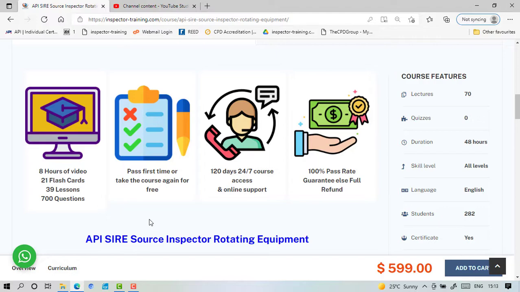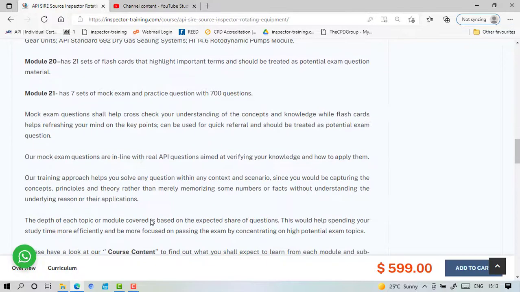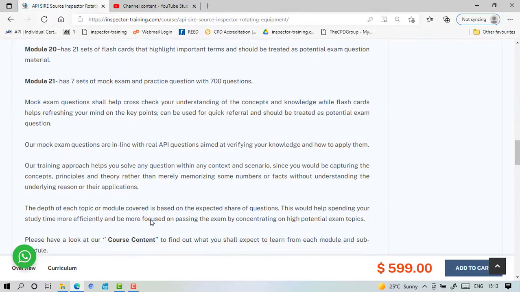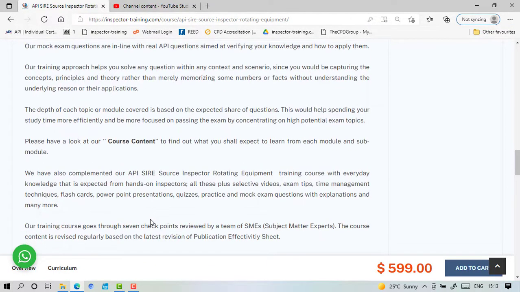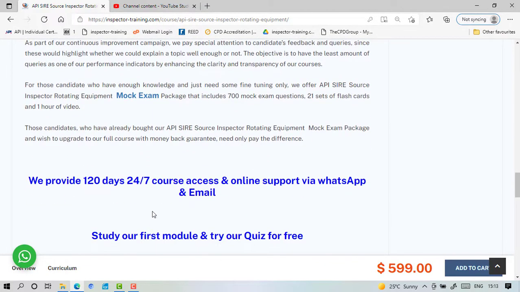And it has 120 days of 24/7 course access and online support. On course overview, you can see the explanation for all the modules and what you get. For the mock exam package, you will receive 700 mock exam questions, 21 sets of flashcards, and 1 hour of video.